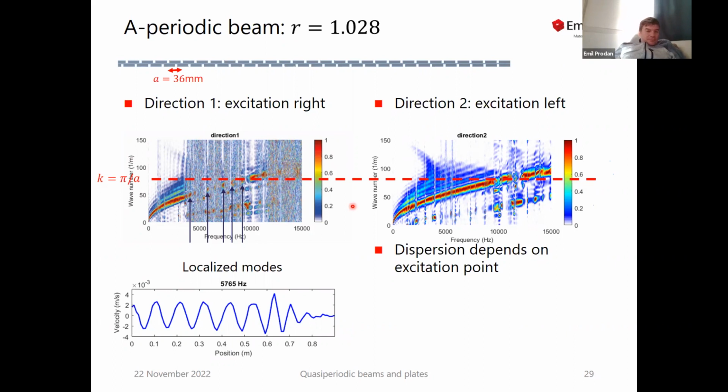So I have one recommendation, for example, for this beam. If you plot the spectrum, so now without resolving it over the wave number, just the spectrum, but as a function of this parameter R, then you will see that you get the Hofstadter spectrum, just the Hofstadter spectrum.